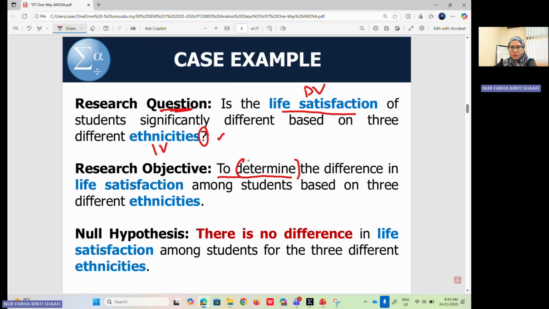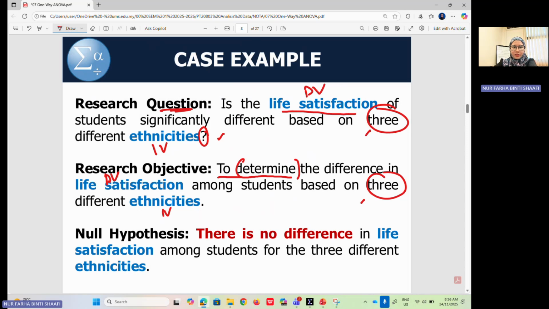To determine, to analyze, to investigate. So here: to determine the differences in the DV, the life satisfaction, among students based on the 3 different ethnicities, the IV. You no longer need to use independent t-test. You need to use one-way ANOVA because there are 3 groups. So this is the clue.